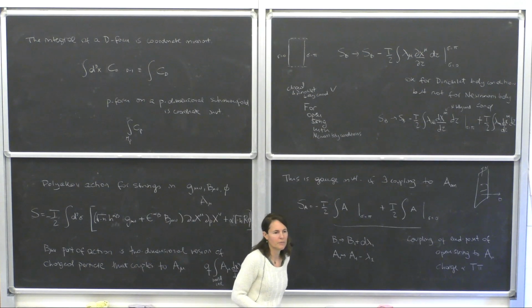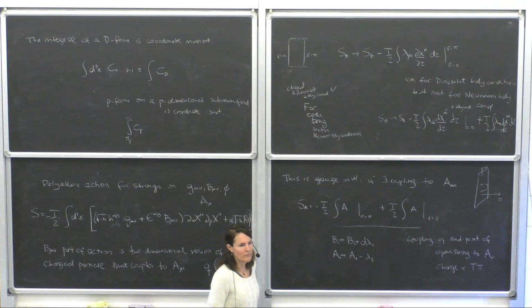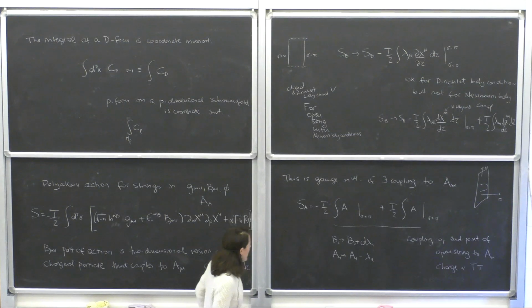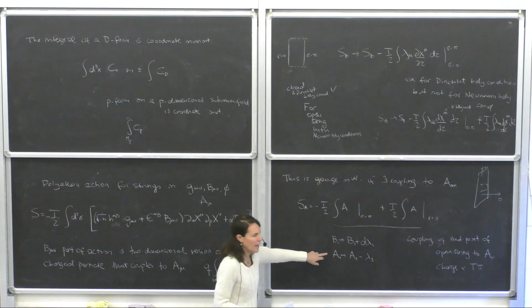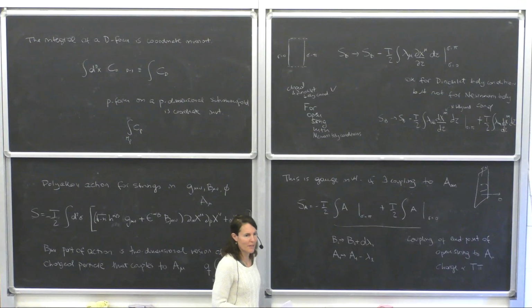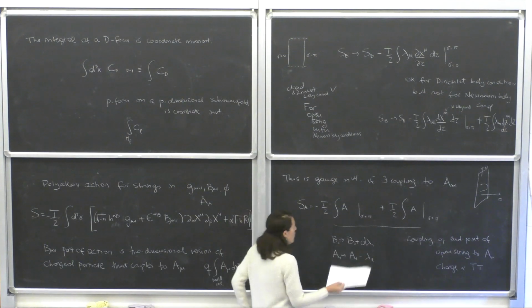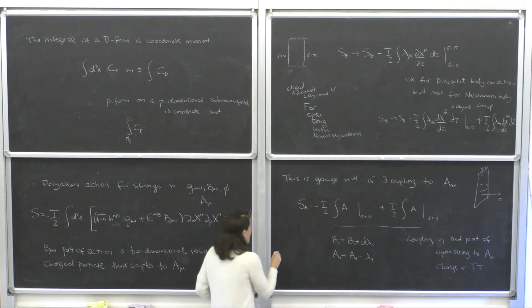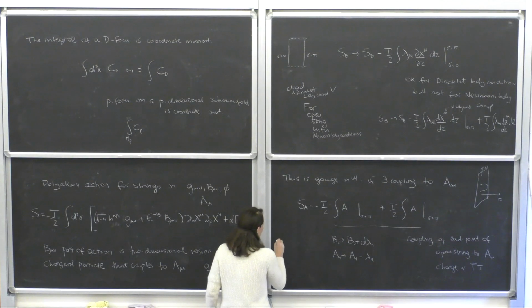Yes. I guess under gauge transformations, the gauge field A shifts by an exact form, right? Yes. So that means lambda is d of something, but here B shifts by d of lambda, so you get B squared. Sorry, you say if A goes to A plus d of something. Yeah, so B doesn't transform, and then on top of it there's another gauge transformation.